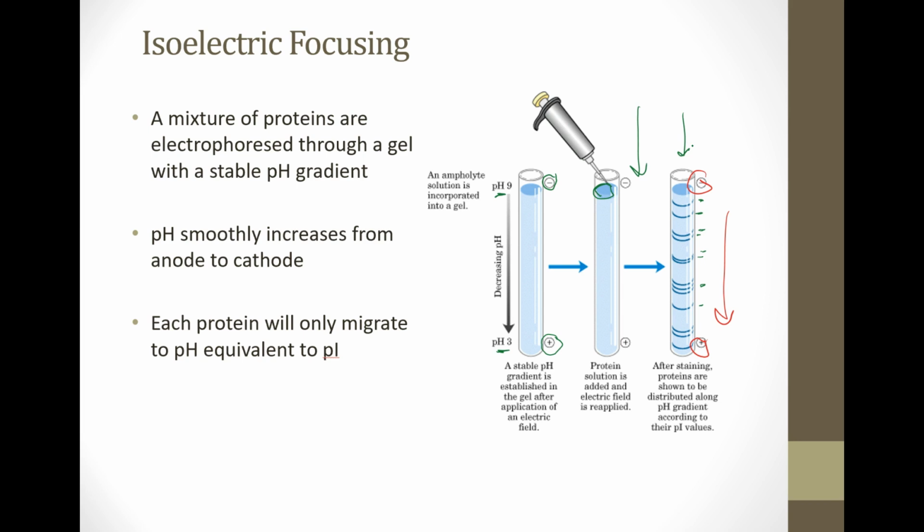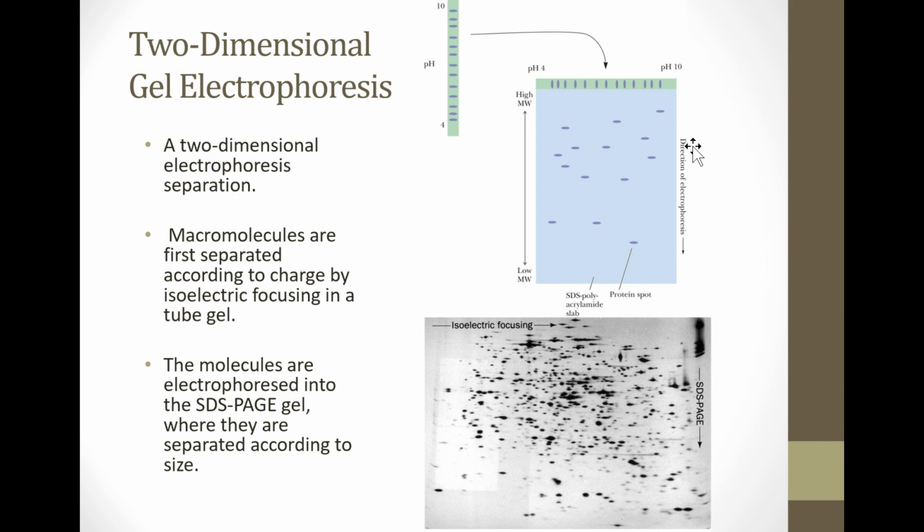The really cool thing about this is then you can turn this on its side and run it through a classic gel. And this is two-dimensional gel electrophoresis. So you can isoelectrofocus in one dimension, turn it on its side, and then run the proteins out based just on their size and shape.